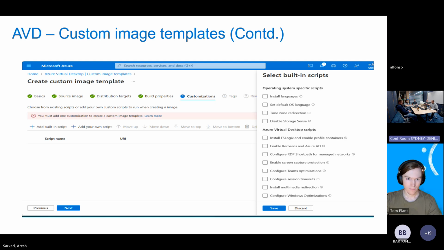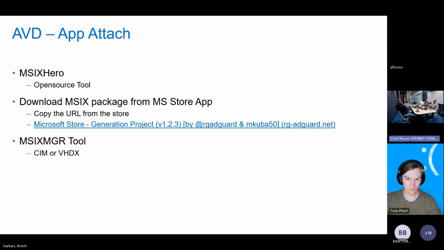And the last, and the unspoken method, is the new method, app attach. Essentially, what this particular method does is containerize the application. So it's basically an MSIX package, essentially a VHDX file with the entire app installed in it.